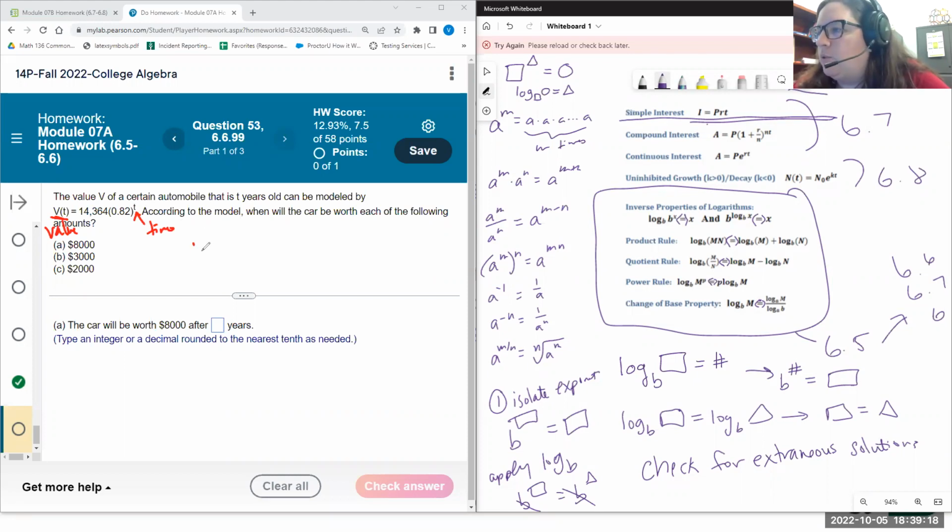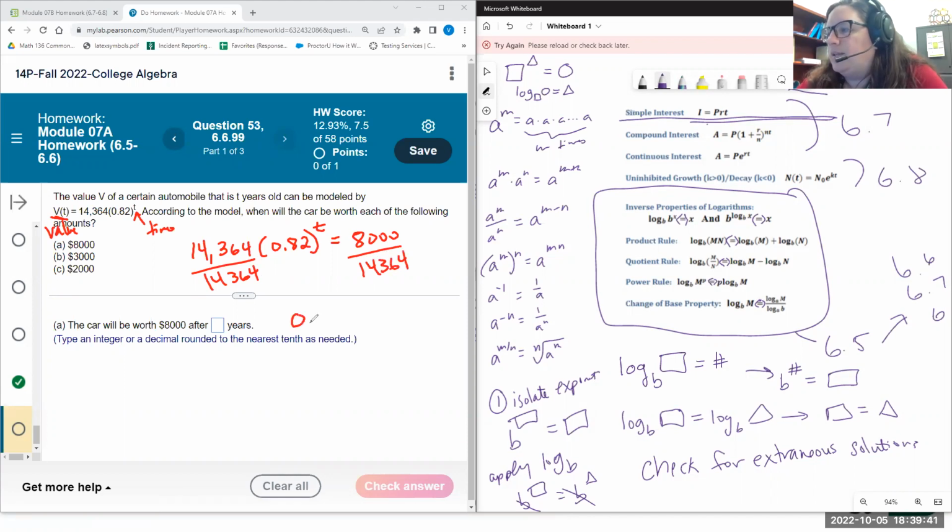So we're setting this 14,364 times 0.82 to the t equal to 8,000. You can't multiply the 14,364 times the 0.82. That violates order of operations. We have to first isolate the exponent by dividing by the 14,364. And then we get 0.82 to the t.